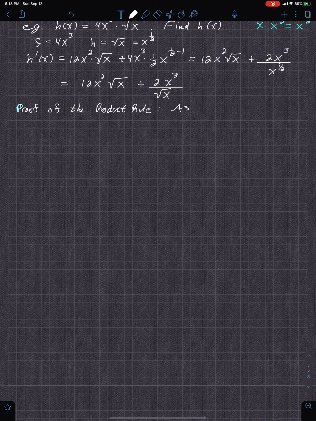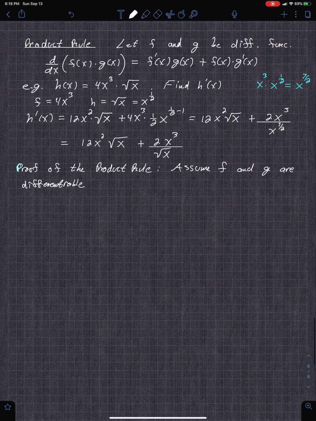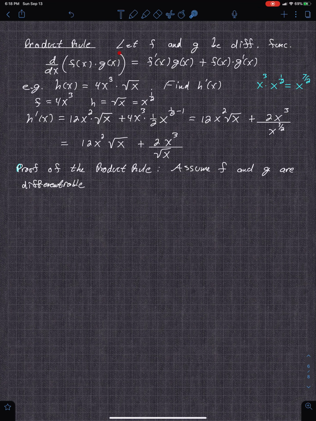Assume f and g are differentiable. Right? I mean, that's the assumption. That's the product rule right there. So we have to say f and g are differentiable, and then you're going to show this step. So now we're going to basically take the limit of that product and then see what happens.